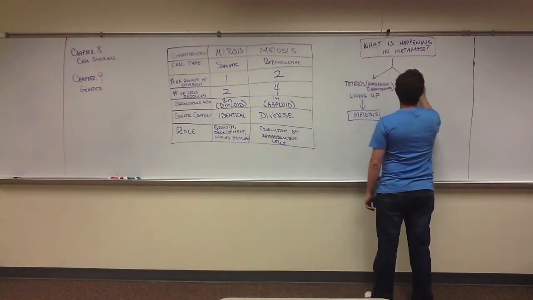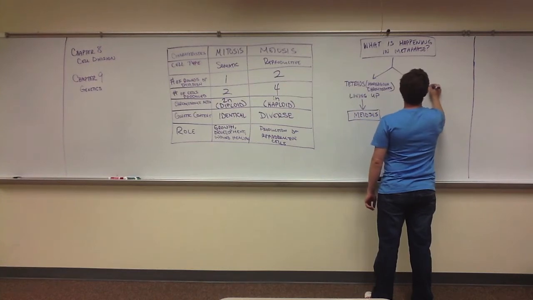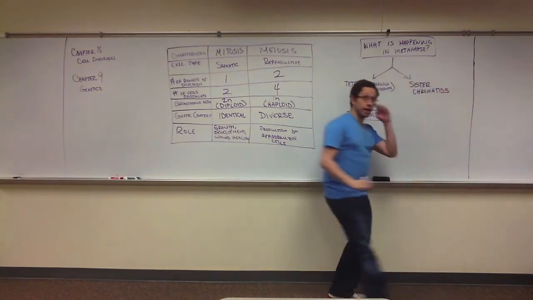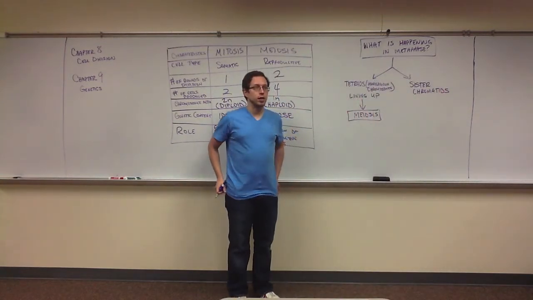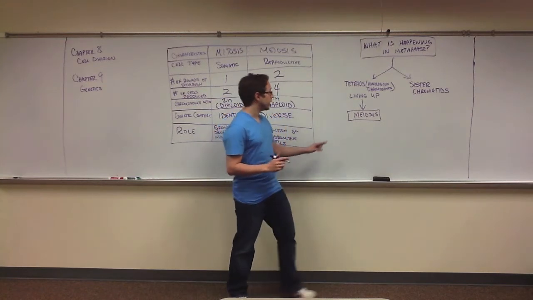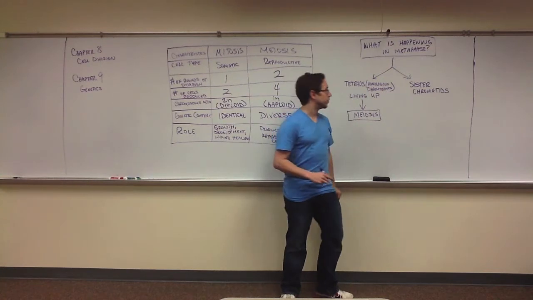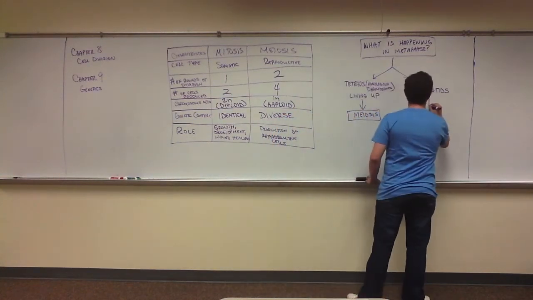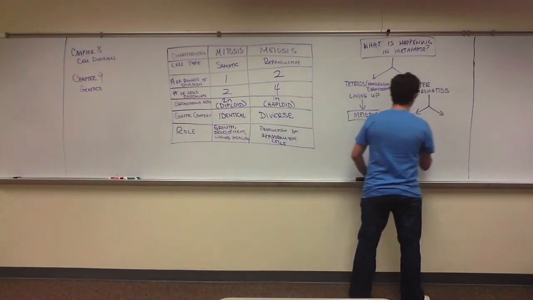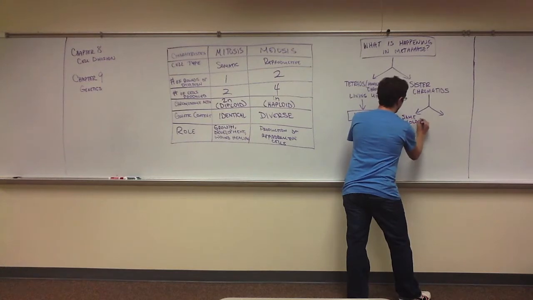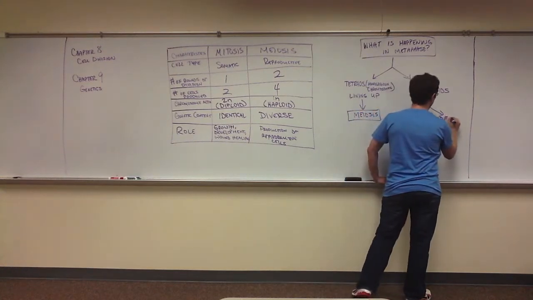The other option is sister chromatids. Now, again, we can't immediately say that if it's sister chromatids lining up that we're dealing with mitosis, because remember, in meiosis 2, the sister chromatids also line up at the center of the cell. So we have one more series of questions to ask. Are those sister chromatids the same color or different colors?